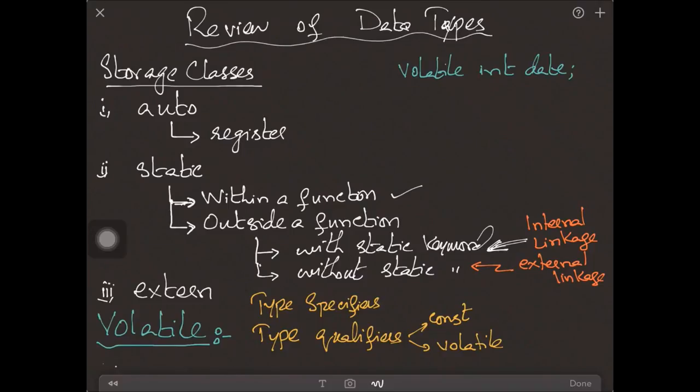At times you might come across something like this, volatile const int, let's suppose a 6-figure grid reference of my house.